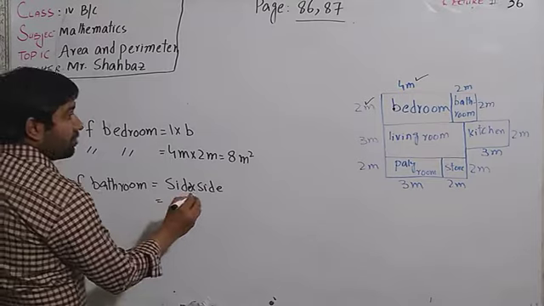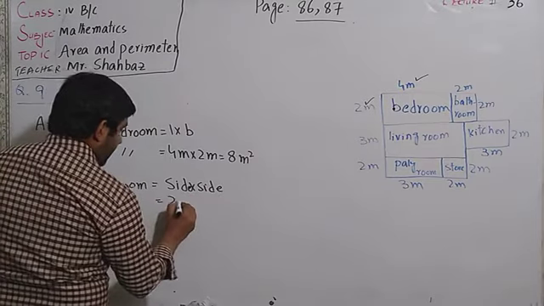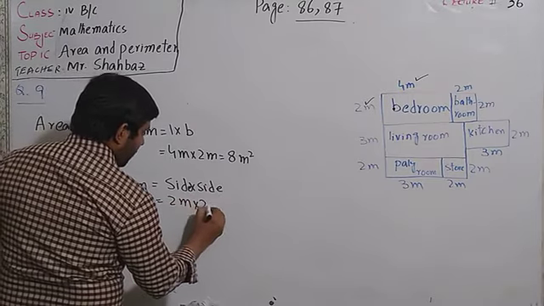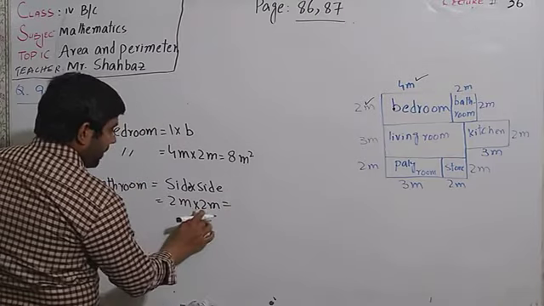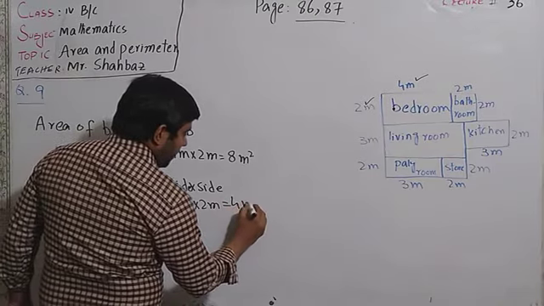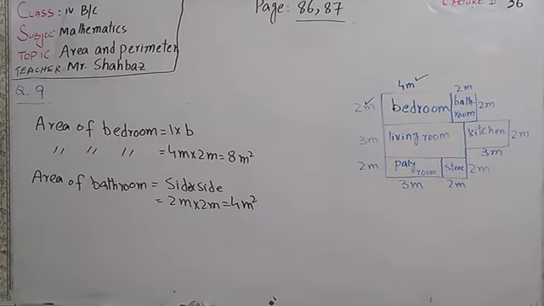One side is 2 meter and other side is also 2 meter. So 2 meter multiplied by 2 meter is equal to 4 meter square. This is the area of bathroom.